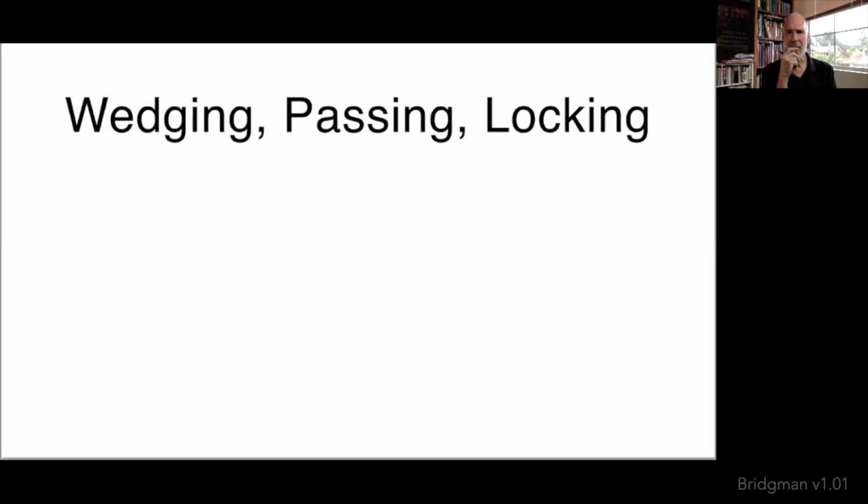Wedging, passing, and locking. What do they mean? Dear students, he uses these terms and terms like them all through this book. Not always consistently enough for me to figure out, but they are variously called. Let me tell you some of the terms that I went through this week.